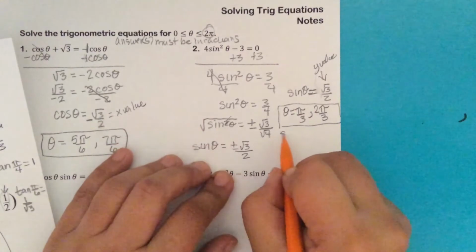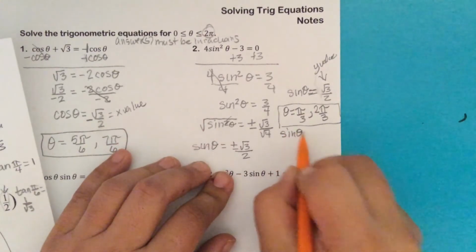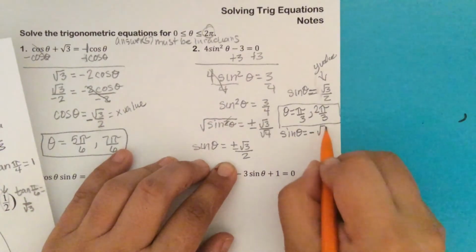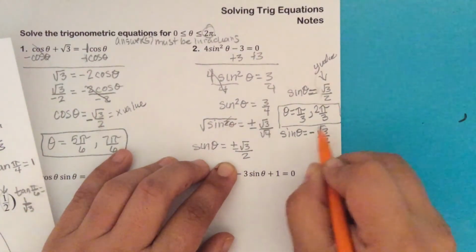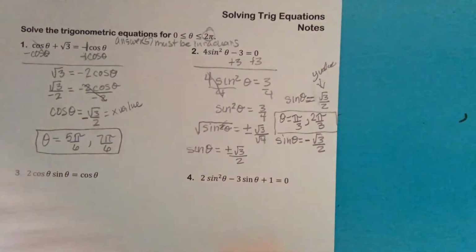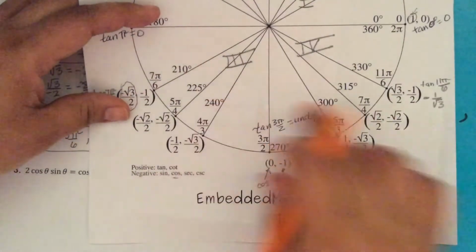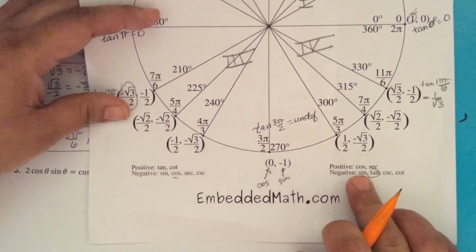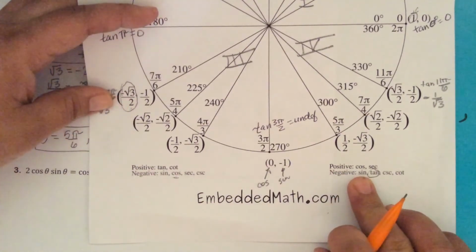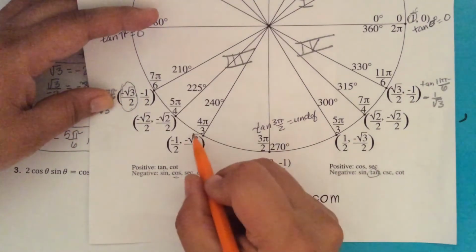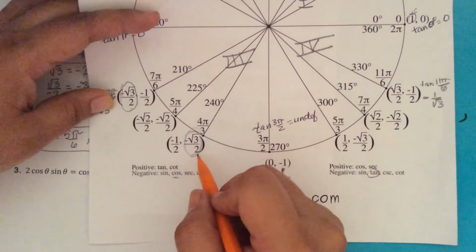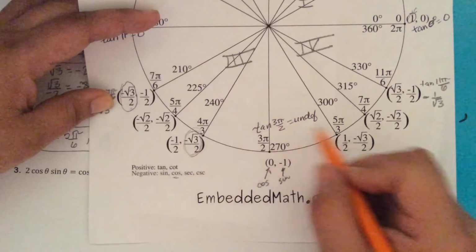Now we want the sine of theta equal to negative, because it has a negative right there, square root of 3 over 2. So remember, it's the y value, and the sine is negative in these two quadrants. It says right there, negative sine, and we want negative square root of 3 over 2. So here's negative, this is the y value, negative square root 3 over 2, it's at 4 pi over 3.